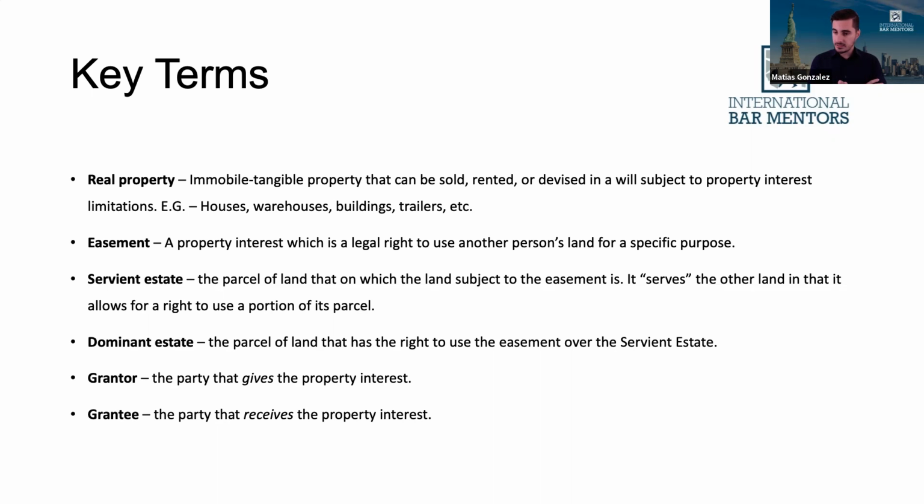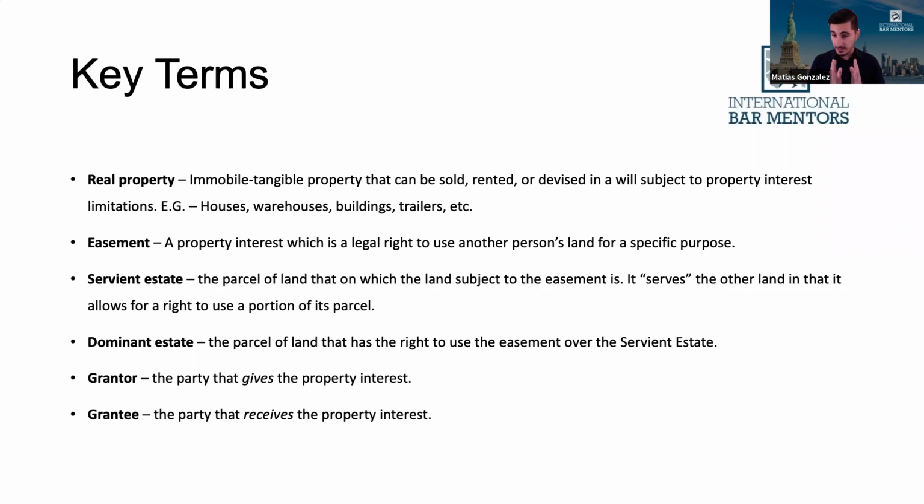A servient estate. What is a servient estate or a servient parcel? So it's the parcel of land, meaning the piece of land, on which the easement is located, okay? So it serves the other land that will use the right of way, that has the right of use to a portion of the parcel, right? So remember, servient estate serves another property.